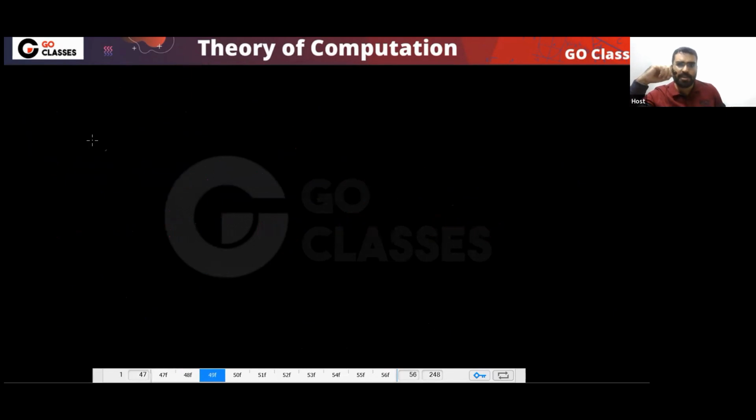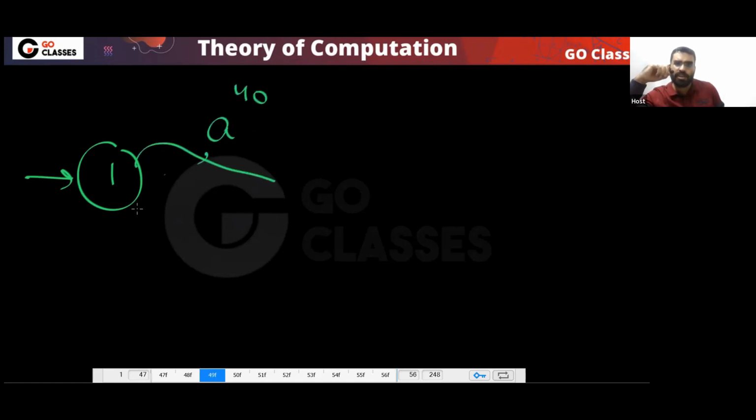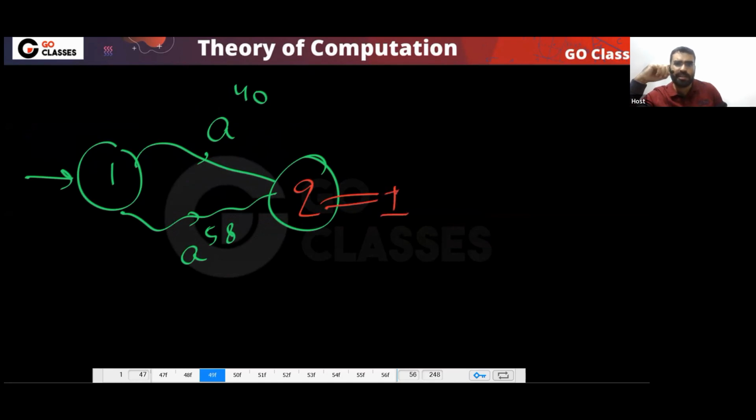From state number 1, which is your initial state, you can notice that these two will go to the same state. My point is only this, that they will go to the same state, and that state is basically 1.